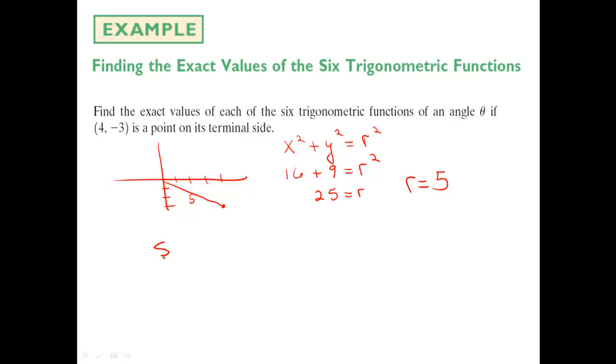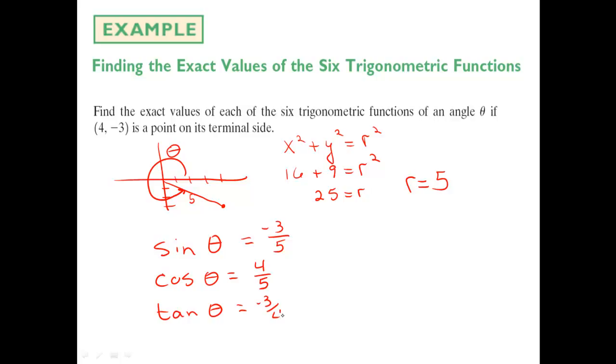So then I know that the sine of theta, and I don't know what this angle is, but the sine of theta would be y over r, so -3 over 5. The cosine is x over r, so 4 over 5. The tangent is y over x, so -3 over 4.